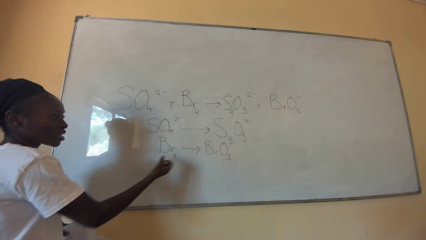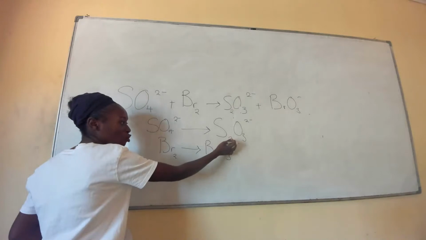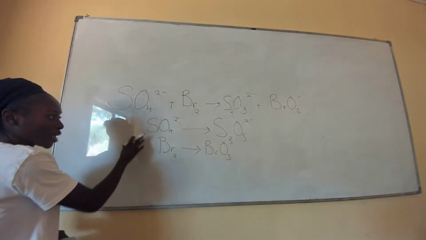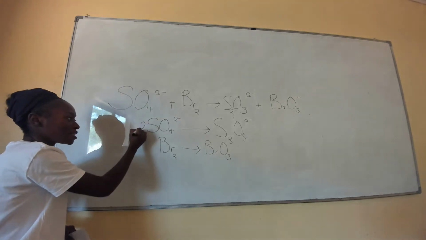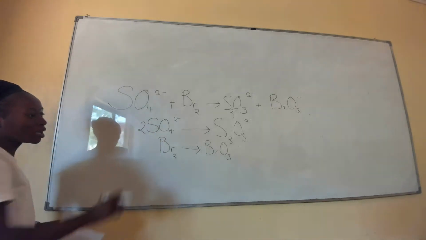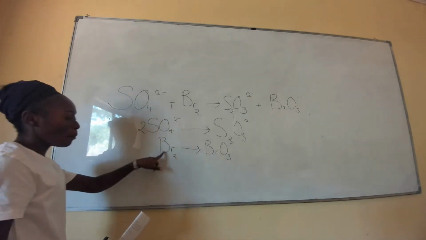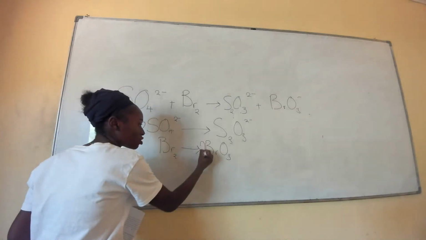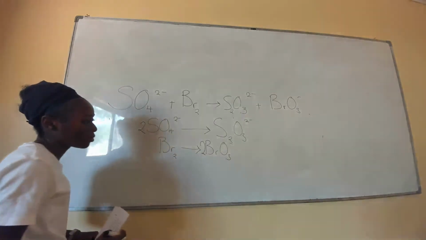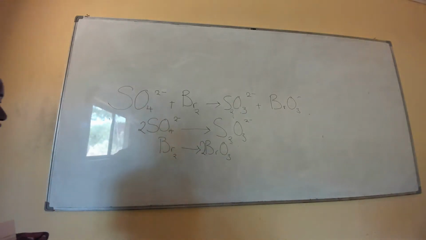It is not. We have 2 at the right-hand side and 1 sulfur atom at the left-hand side, so we balance it by introducing a 2. Then bromine: we have 2 at the left, so we balance it by introducing a 2 at the right.